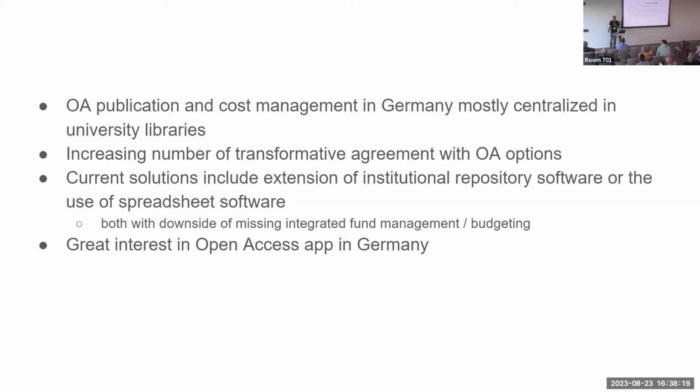One fund can have the acquisition of monographs and at the same time also publication for open access. There's a great interest in Germany, but we are also interested in the perspective of other countries, from the US and elsewhere.